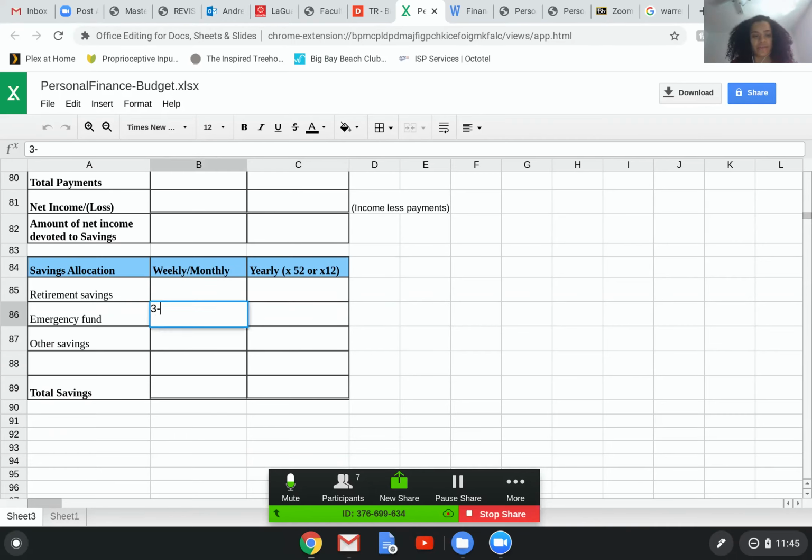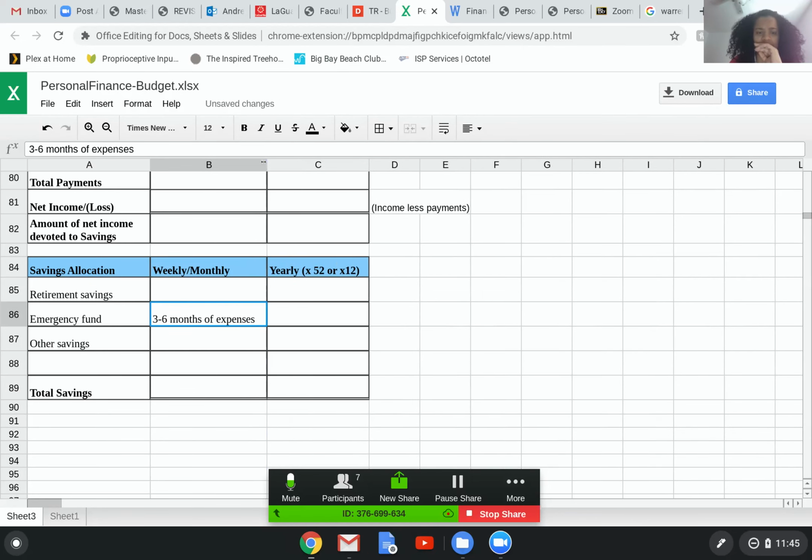Remember, for the emergency fund, you're looking at 3 to 6 months of expenses. And the reason it's so high is that in general, folks say that if you are laid off or something, it sometimes takes up to 6 months to find another job. So you want to be able to at least have some money in your emergency fund.